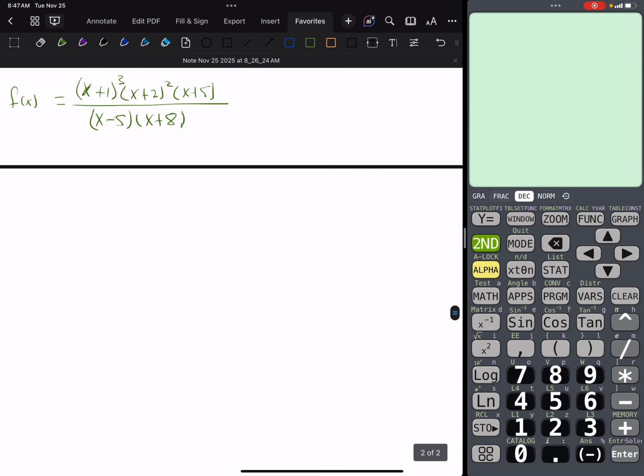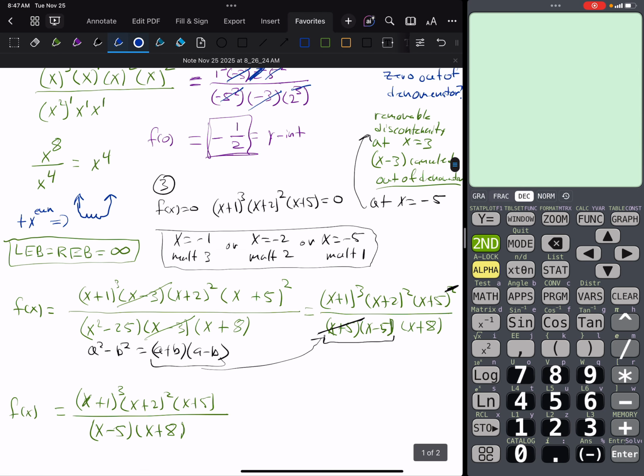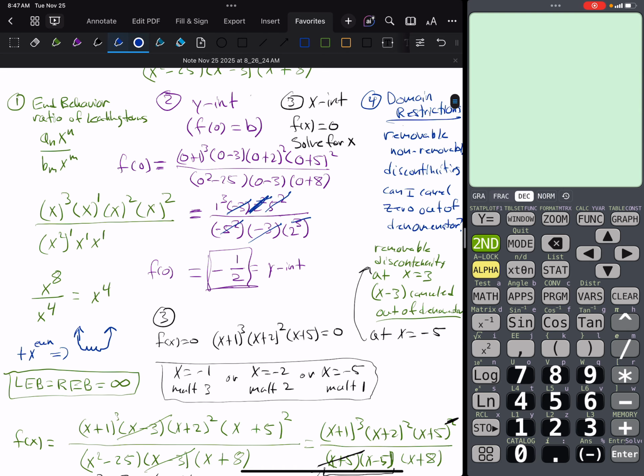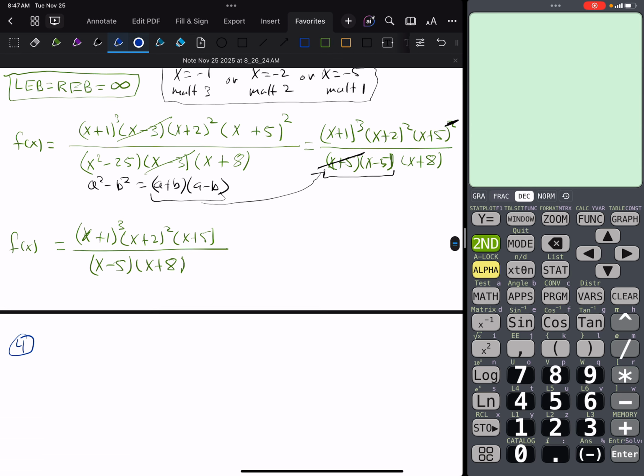All right, last piece of calculation that we need to do before we try to sketch this is look at our domain restrictions. And we've already found that we have two domain restrictions, one at 3 and one at -5, and they're going to be removable discontinuities.